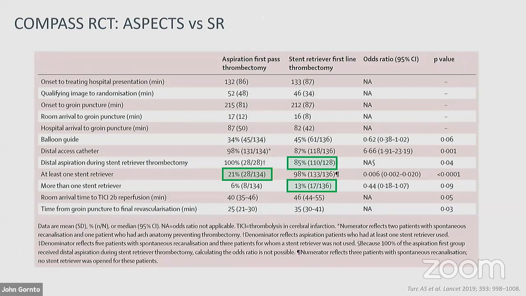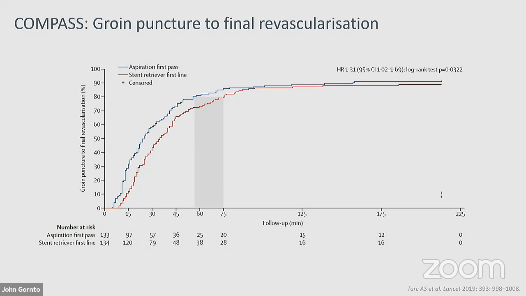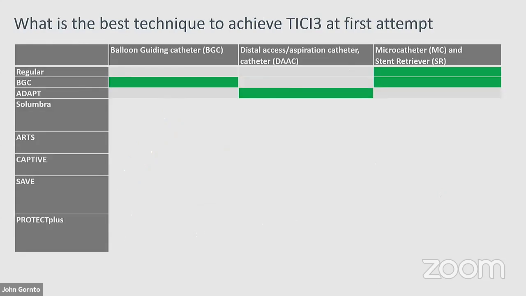And stent retrievers were used in the ADAPT group additionally after initial failure in 21%. This is the timing. So if aspiration works, it works quicker than stent retriever. That's a very interesting observation in COMPASS as well. So it gives us a lot of reassurance that aspiration is something that could be done.